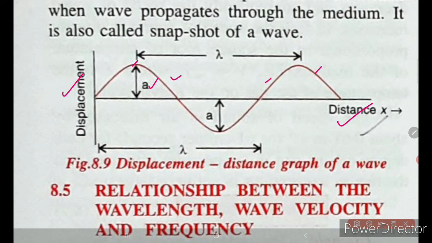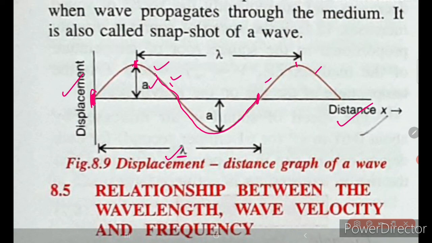The distance between the starting point of the graph and the formation of one hill, when the particle moves in one direction and then returns back to the original mean position, can be considered as the wavelength of the wave, or it can be between two consecutive crests, or two consecutive troughs.